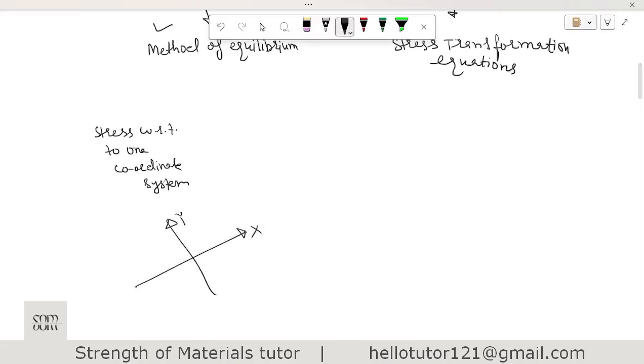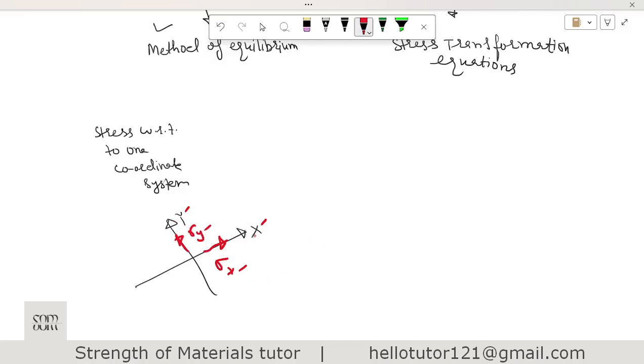Let us say this is x prime and this is y prime. For example, this is sigma x prime and this is sigma y prime, and these sigma x prime and sigma y prime are with respect to the x prime and y prime axes, right?